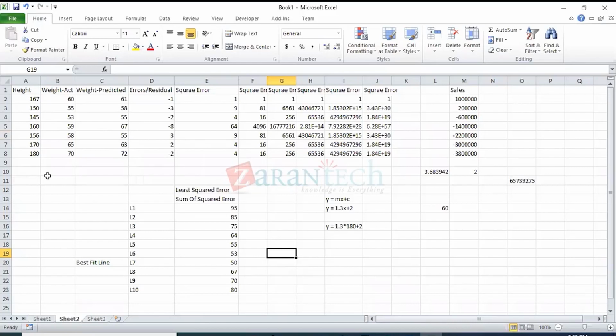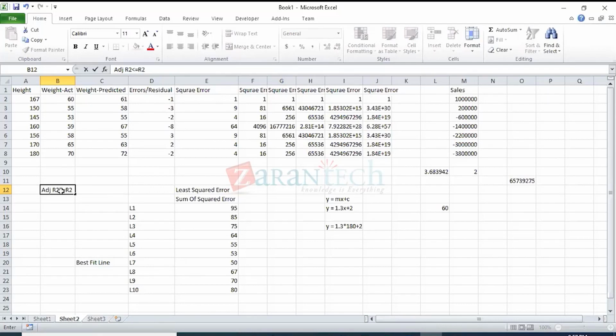Can you repeat that statement, please? Adjusted R square is either equal to or less than R square. It is never greater than R square. Let me just type it over here. Adjusted R square is less than or equal to R square.